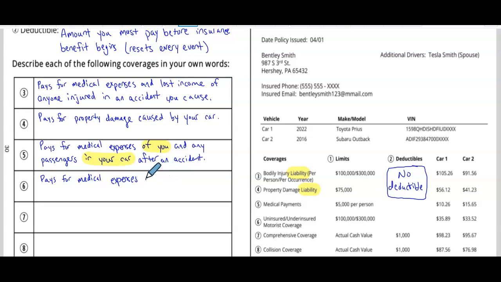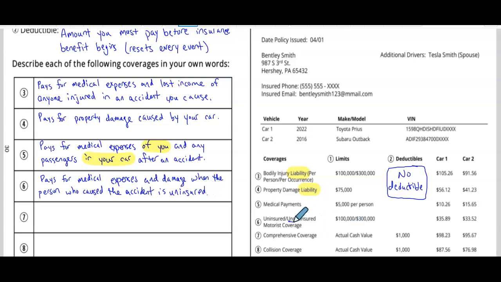All right, so let's say it pays for medical expenses and damage when the person who caused the accident is uninsured or is underinsured, right?